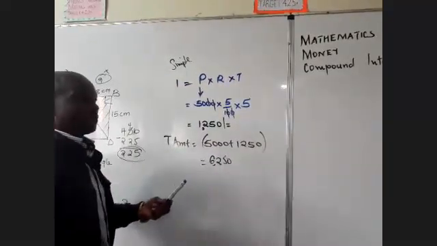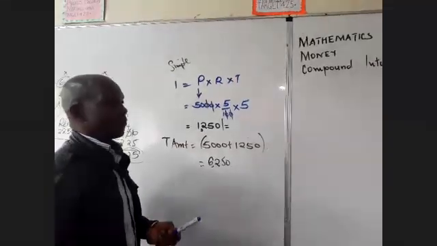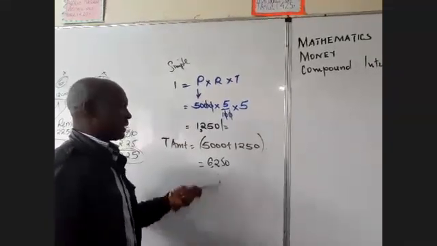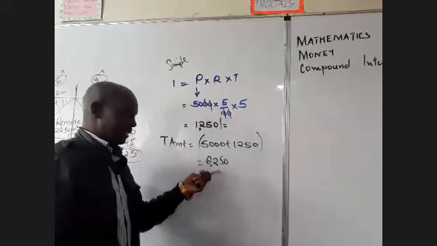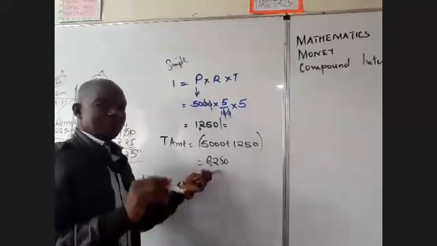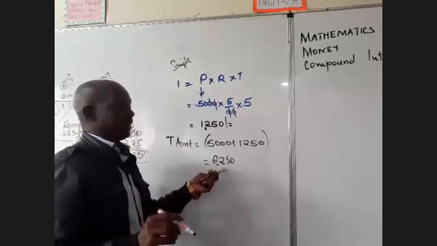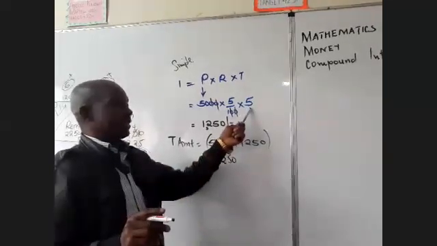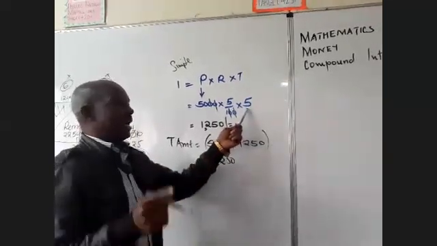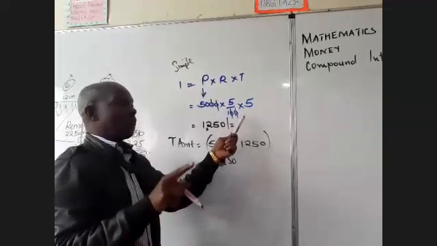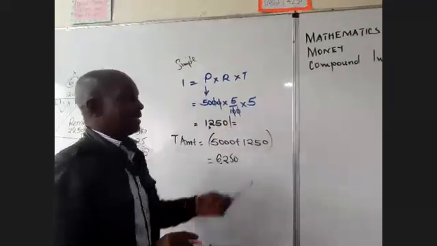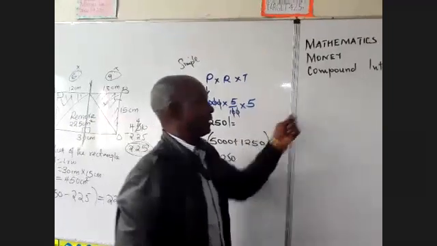But when it comes to compound interest, we always use the amount as the new principal every year. That means the years will remain one throughout, apart from when it is less than a year. Let's take a simple example here.